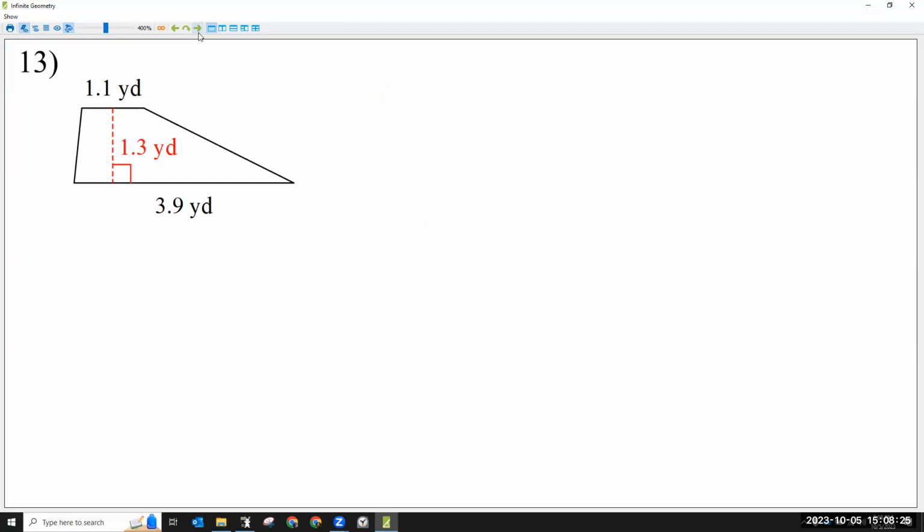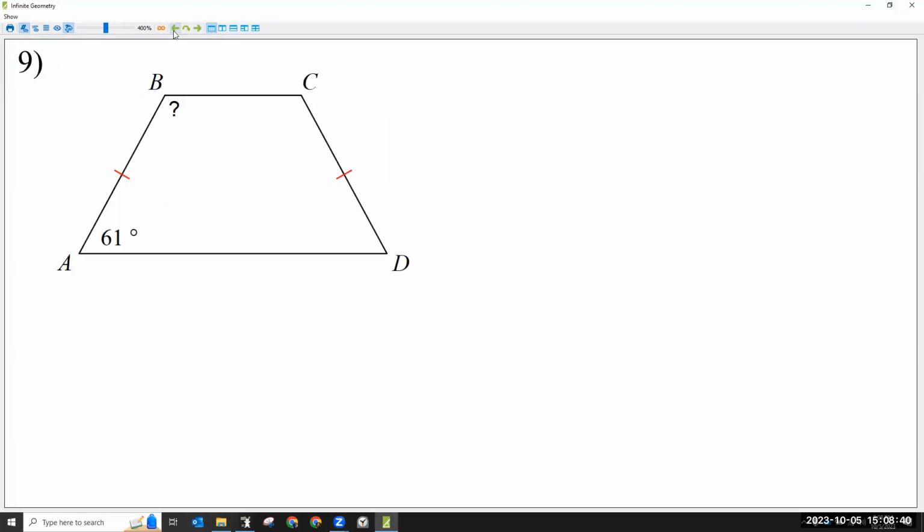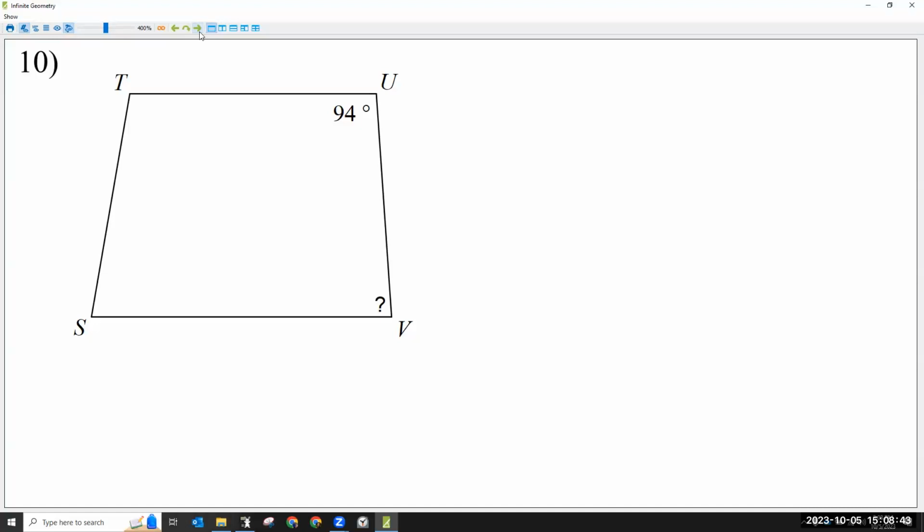All right, number 13. Actually, we'll go back, mention something. So right off the bat, once I hit number 10, I see suddenly these are not isosceles anymore. And so this angle and this angle are not necessarily congruent, okay?